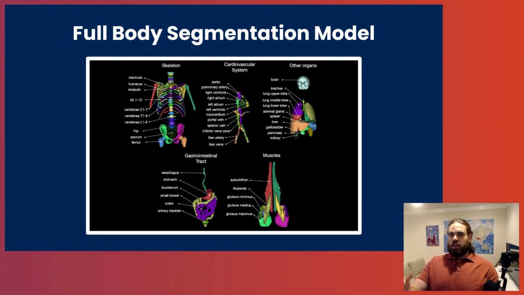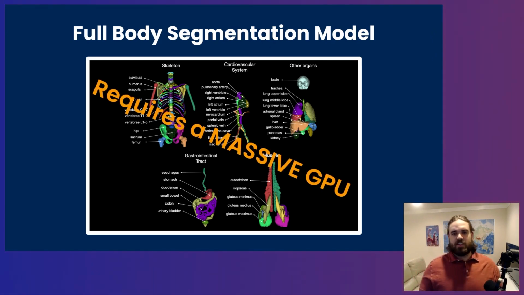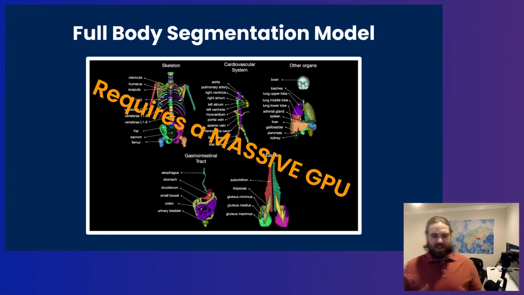This had a lot of classes, and it was extremely accurate. In fact, its dice score was close to 99.8%, which is insane. However, the model requires a massive GPU, and I quite simply did not have a GPU to be able to test it.